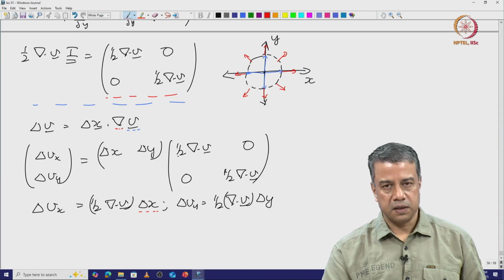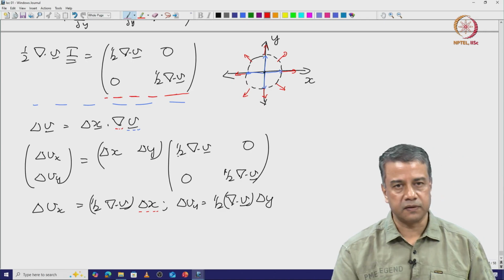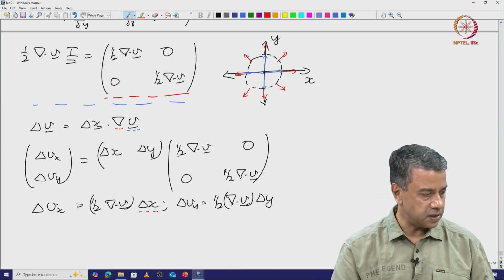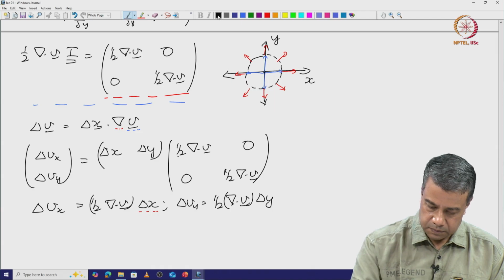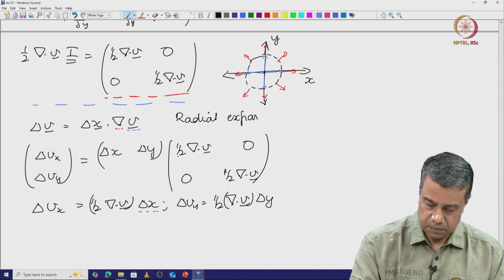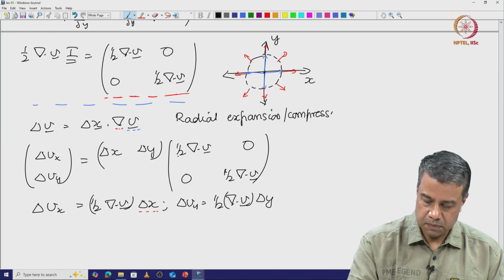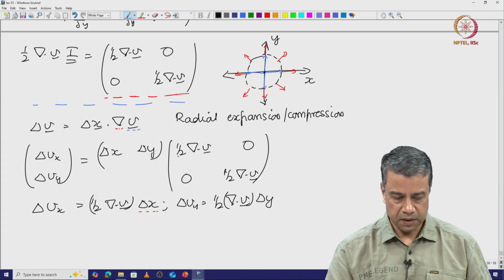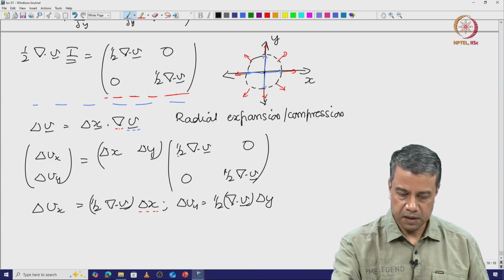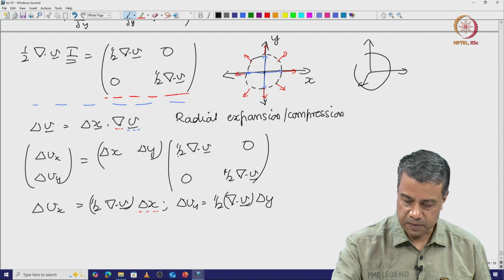So, therefore, this isotropic part of the rate of deformation tensor represents radial expansion or compression. Similarly, in 3 dimensions, this same part will represent radial expansion or compression from a spherical surface.